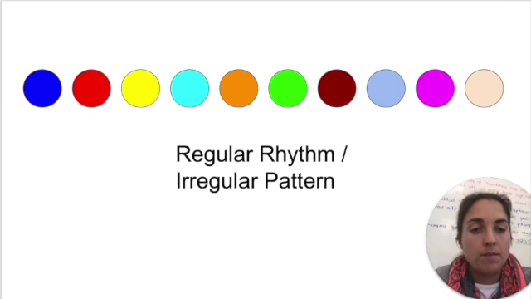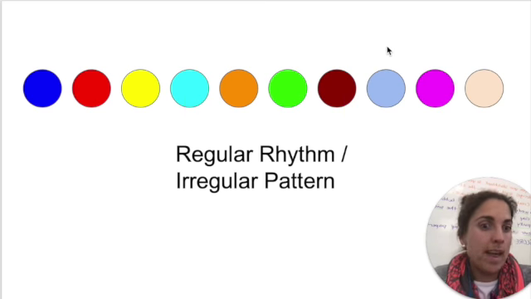Here we have a regular rhythm. You'll notice the space between the circles is uniform. It's the same space. But the pattern is irregular. We have all different colors being used here. It is not predictable.